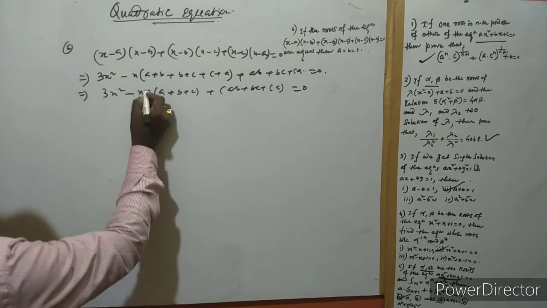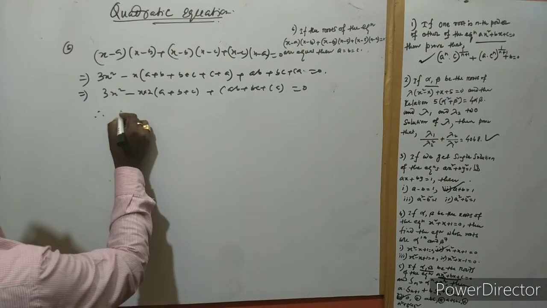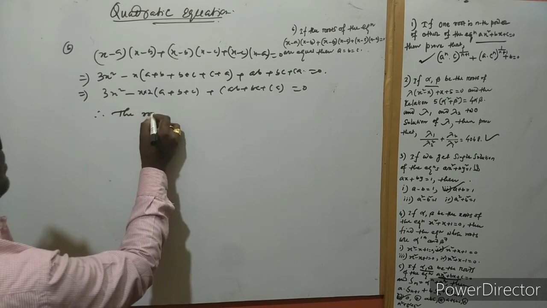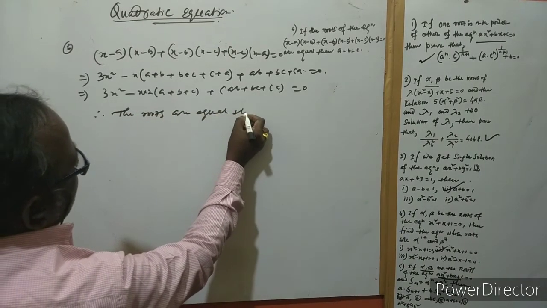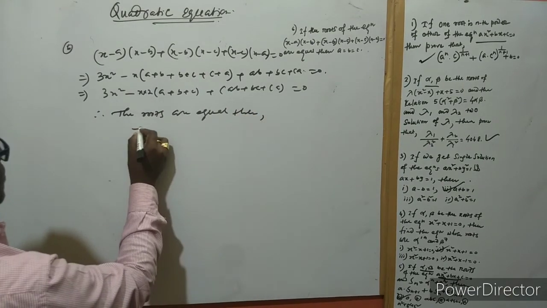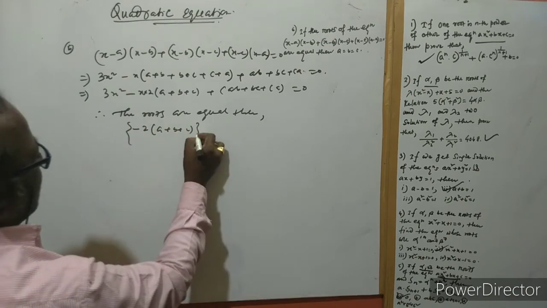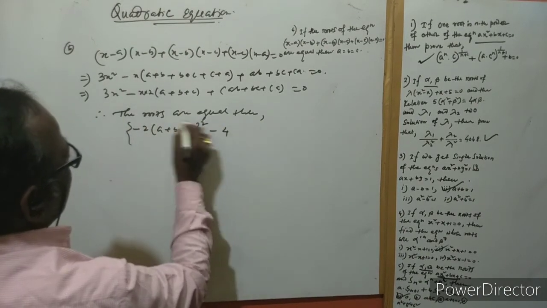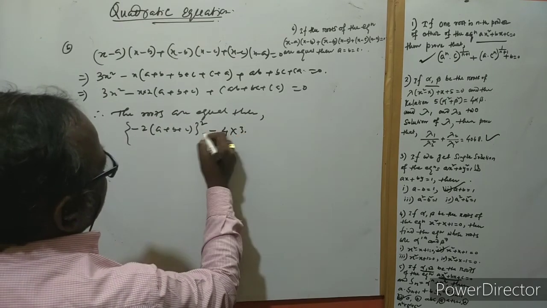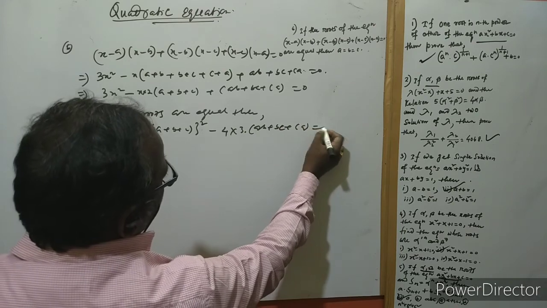Given that the roots are equal, then b square minus 4ac, where b is minus 2 times of (A plus B plus C), a means 3, c means AB, BC and CA equal to 0.